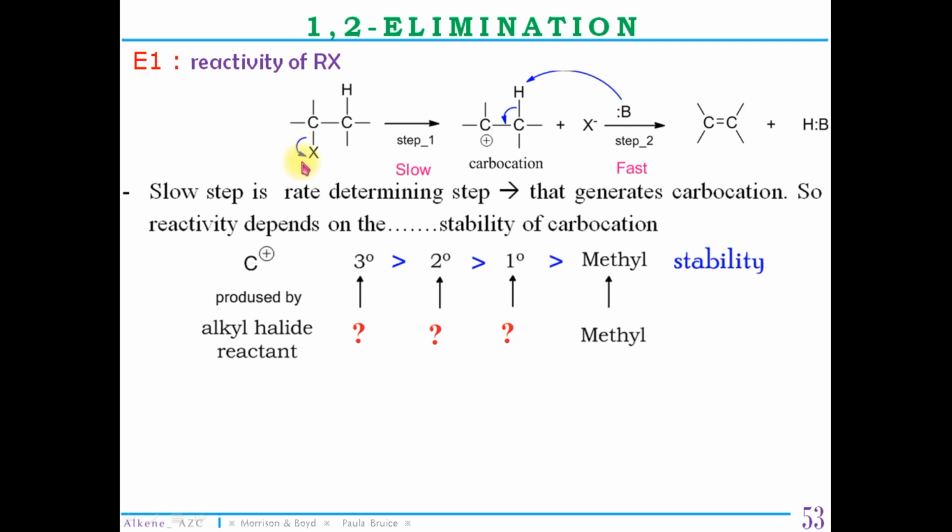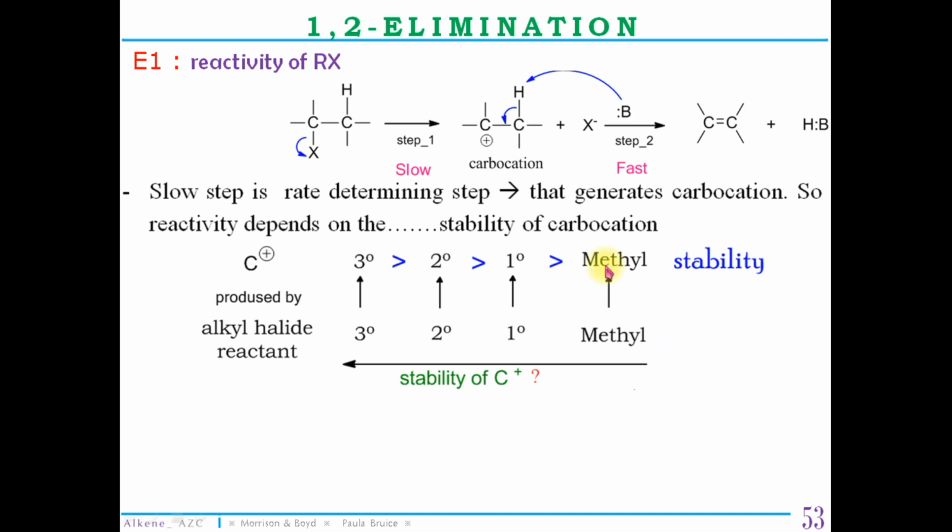We can see over here, this is the general structure of alkyl halide. If tertiary alkyl halide is there, removal of this halogen gives a carbocation which is also tertiary, and likewise secondary alkyl halide gives secondary carbocation, and primary gives primary carbocation.